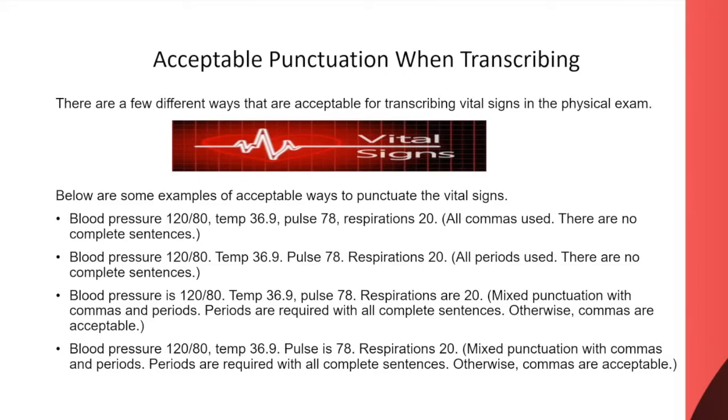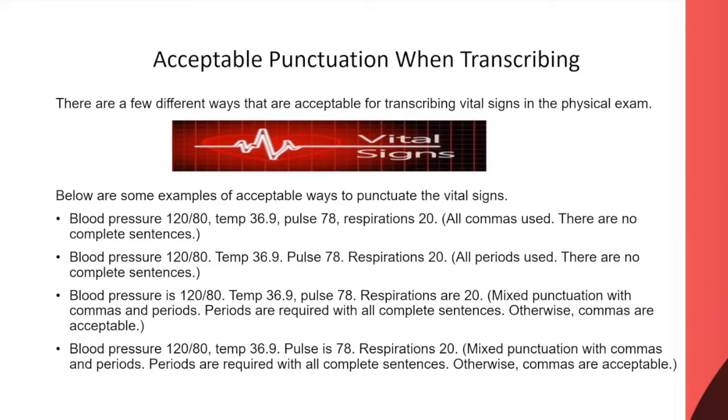However, you can use mixed punctuation with commas and periods. So blood pressure is 120/80, period, because that's a full sentence because of the verb is. Now, temp 36.9, pulse 78, those two aren't complete sentences, so you can get away with using a comma there.